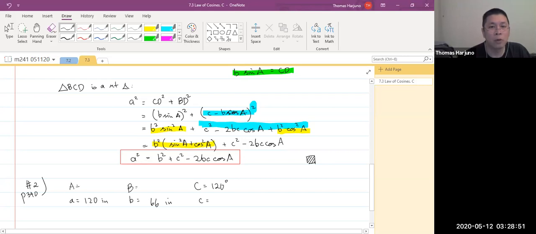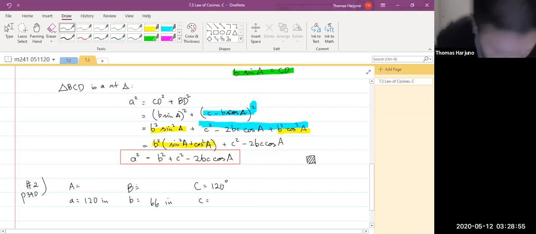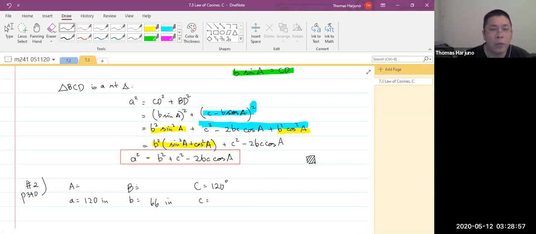Now, you may have a question: under what situation do we use the law of cosines? We can mainly say that we use the law of cosines when the law of sines cannot be used. Let me say it again. We use the law of cosines if the law of sines cannot be used.